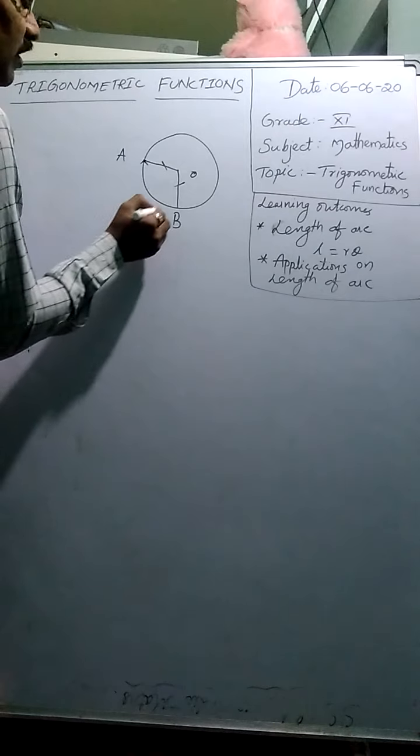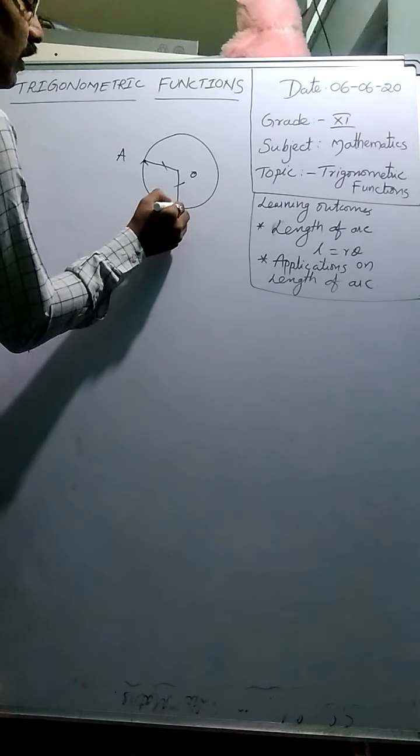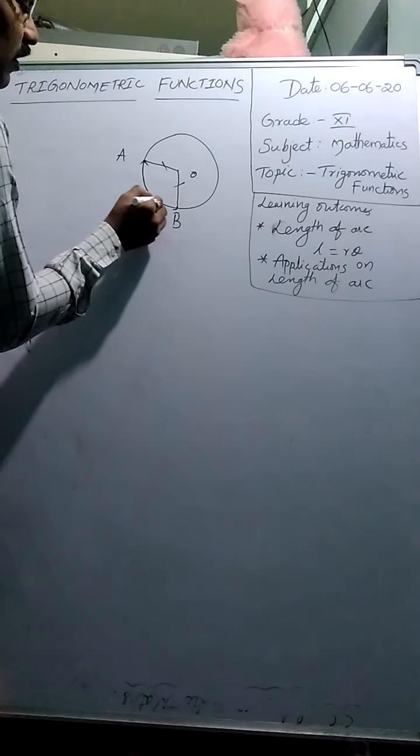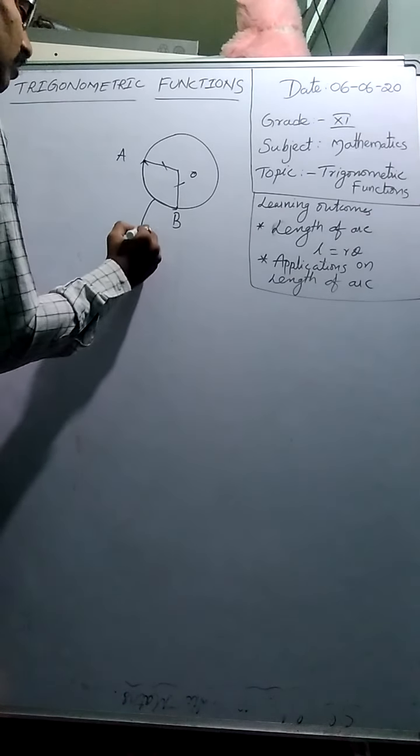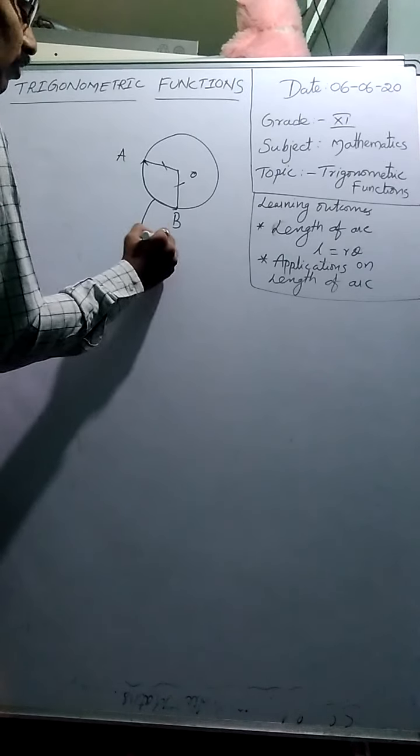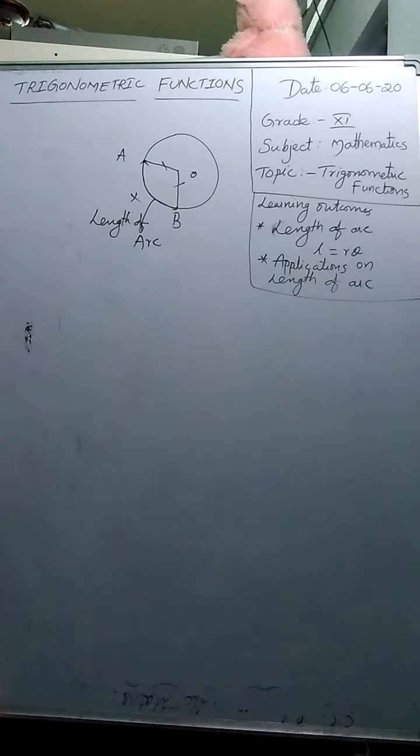The distance from A to B, this length, is called the length of the arc. Finding its length is nothing but finding the length of the given arc AB. Generally we represent the arc as AXB like this. Simply, we can define an arc as a part of a circle.